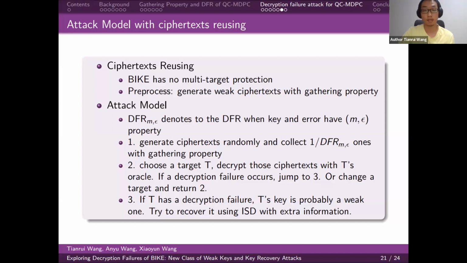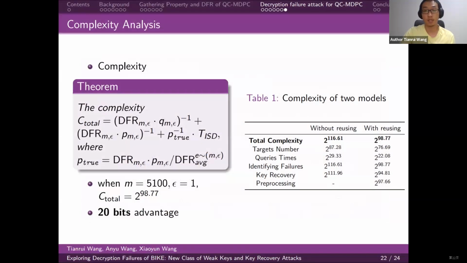Another modification is that isomorphism is not used in this model. The complexity of this model contains 3 parts. Getting weak ciphertext is included as the inverse of DFR M epsilon multiplied by Q M epsilon, where Q M epsilon is the probability a ciphertext is weak.